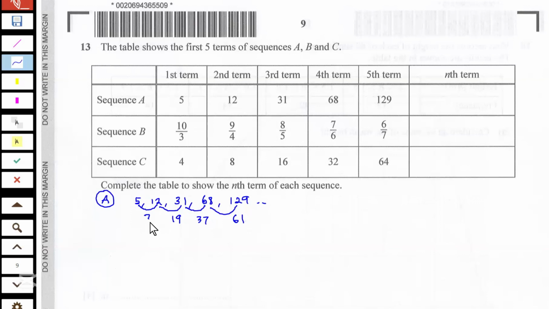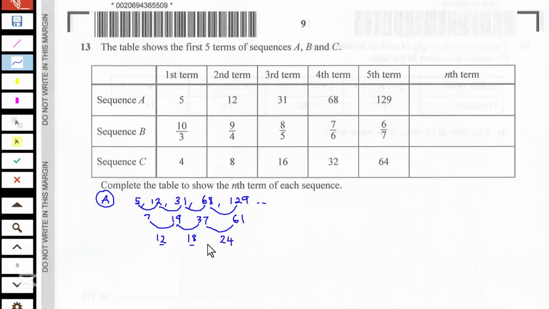Again, go ahead and find the second differences. So between 7 and 19, we've got 12. Also between 19 and 37, it's 18. And then between 37 and 61, we've got 24. Still not common.